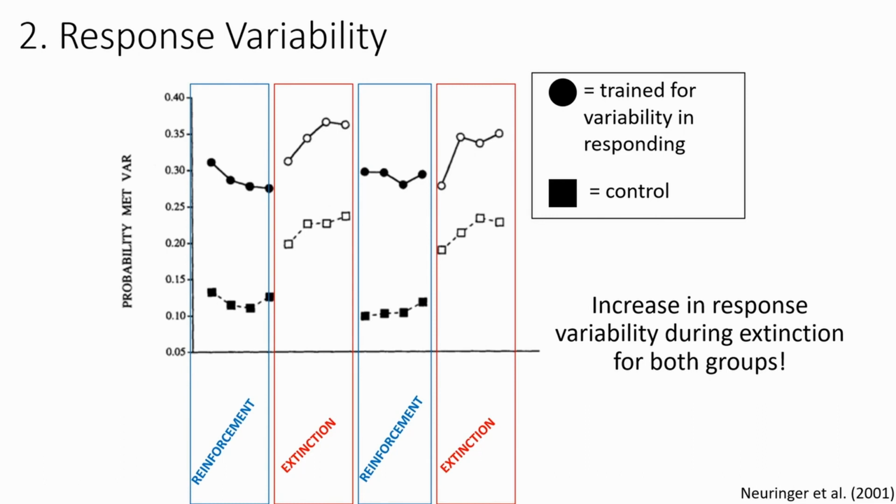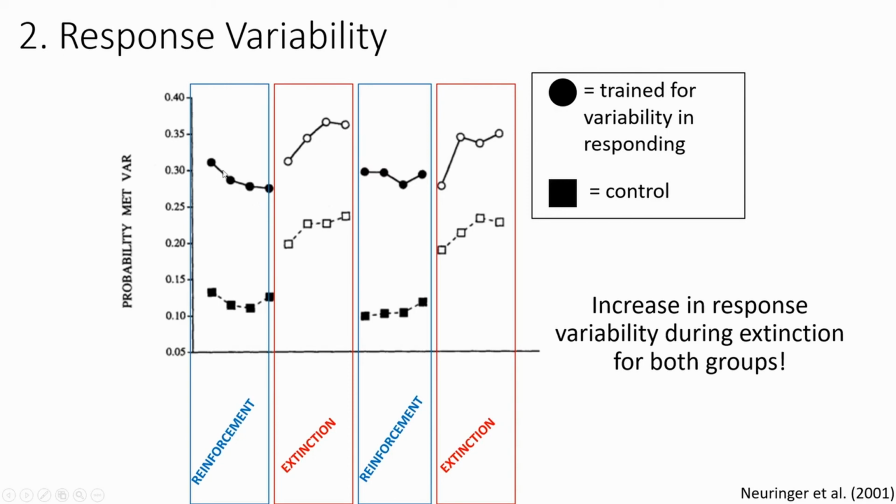This is where it's really cool. Despite the fact that their overall rate of responding has decreased, the responses that they are making are more variable. We're seeing a lot more creativity or variability in the combinations of buttons and levers that they're pressing when they hit extinction here.